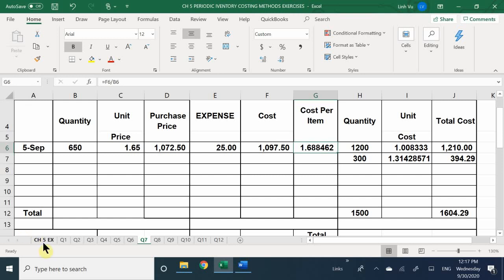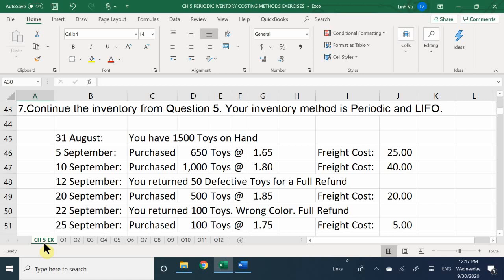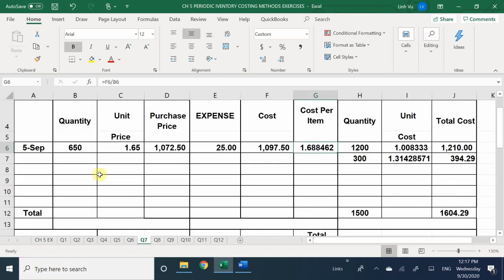Okay. The next one's going to be for September 10. So on September 10, I made a purchase of 1,000 toys at $1.80 with a freight of $40. So 1,000 at 180.